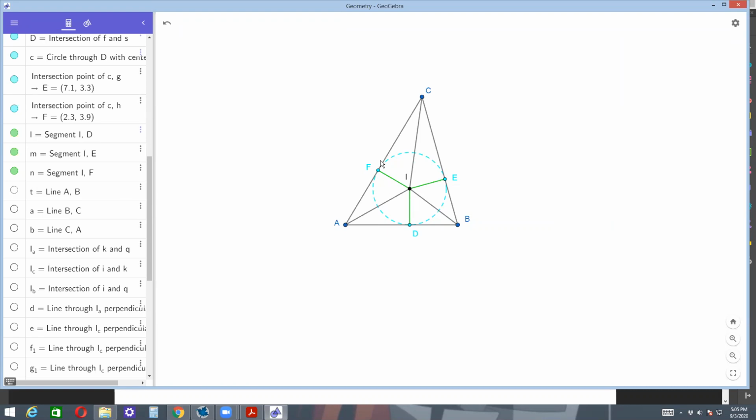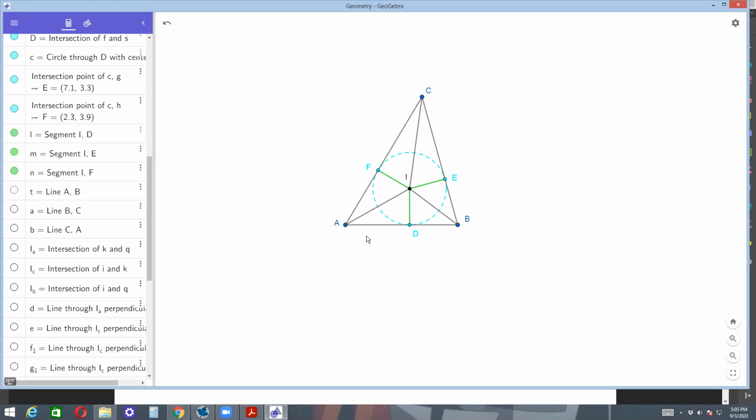Now, there's actually a formula for the area of a triangle. If I wanted the area of triangle ABC, you all would have seen Heron's formula, which uses the semi-perimeter: the square root of S times (S minus A) times (S minus B) times (S minus C). Well, this is A, this is B, and this is C. If you know what the inradius is, the area of the triangle is just R times S. You don't have to worry about any square roots.